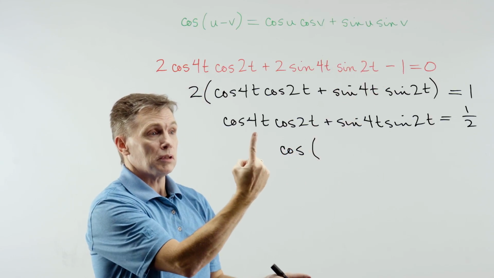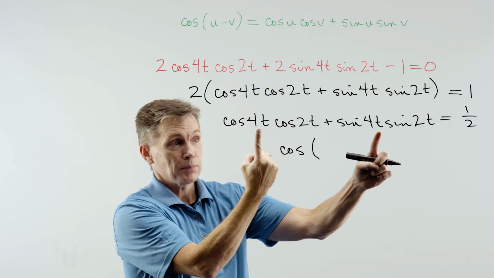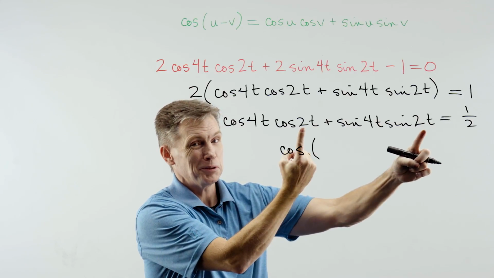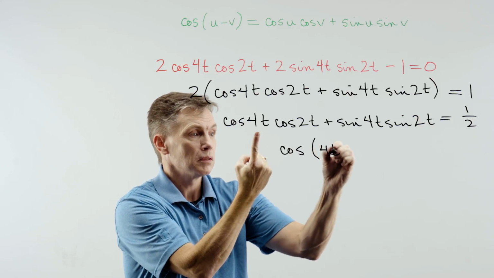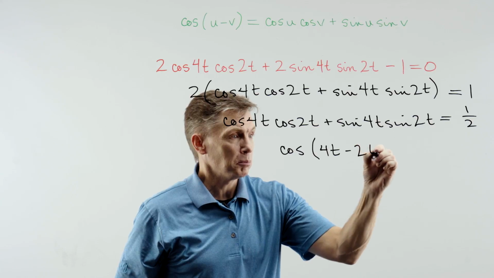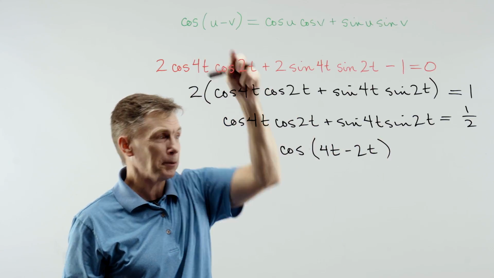So it's important to realize that I've got a 4t here and a 4t there, and a 2t here and the same 2t there, okay? So this is my u, 4t, and this is my v, the 2t. And I'm subtracting because I'm looking at the left-hand side of that, okay?